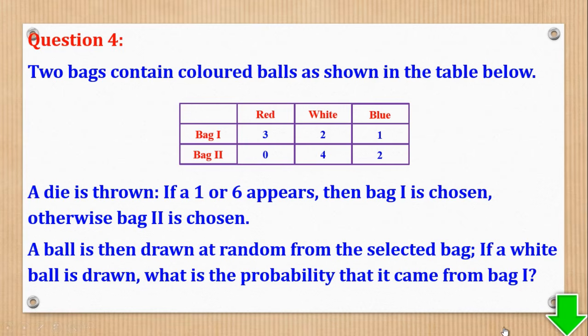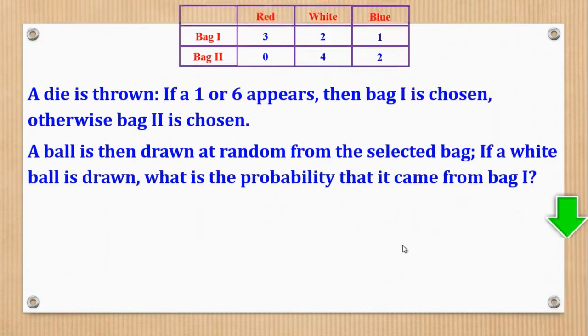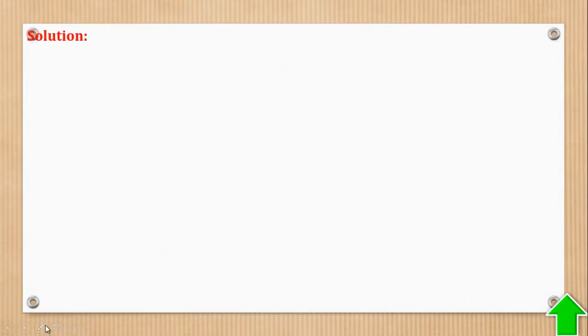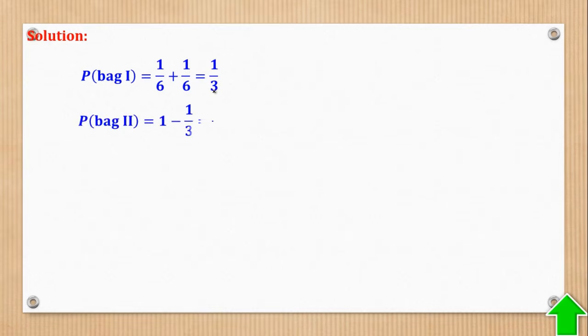So we shall come here and say the probability of picking bag 1 is choosing either a 1 or a 6. So choosing 1 is 1/6 and choosing a 6 is 1/6, because there is only one 1 and one 6 on a die, which gives you 1/3. Then the probability of bag 2 is the complement, which is 2/3.